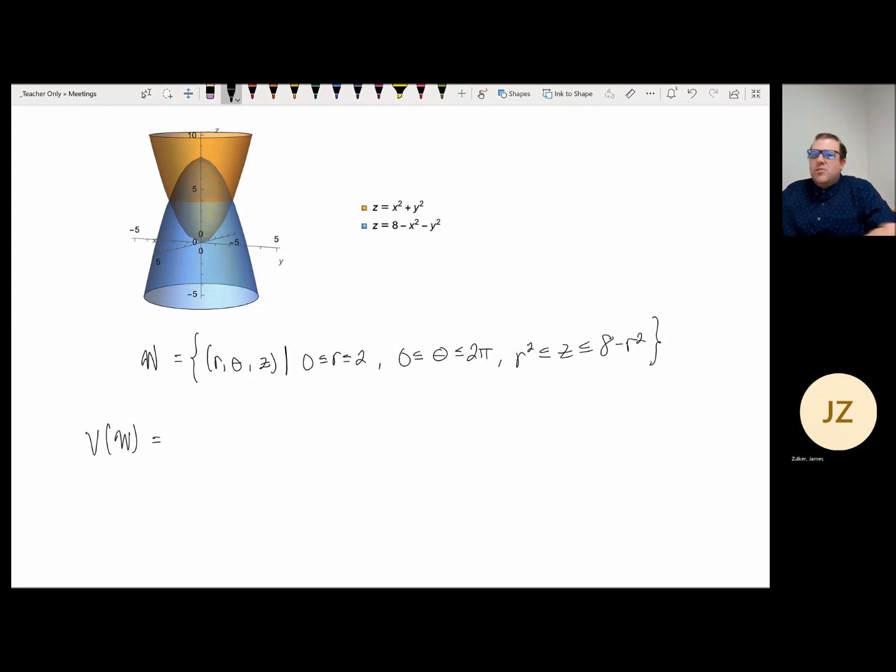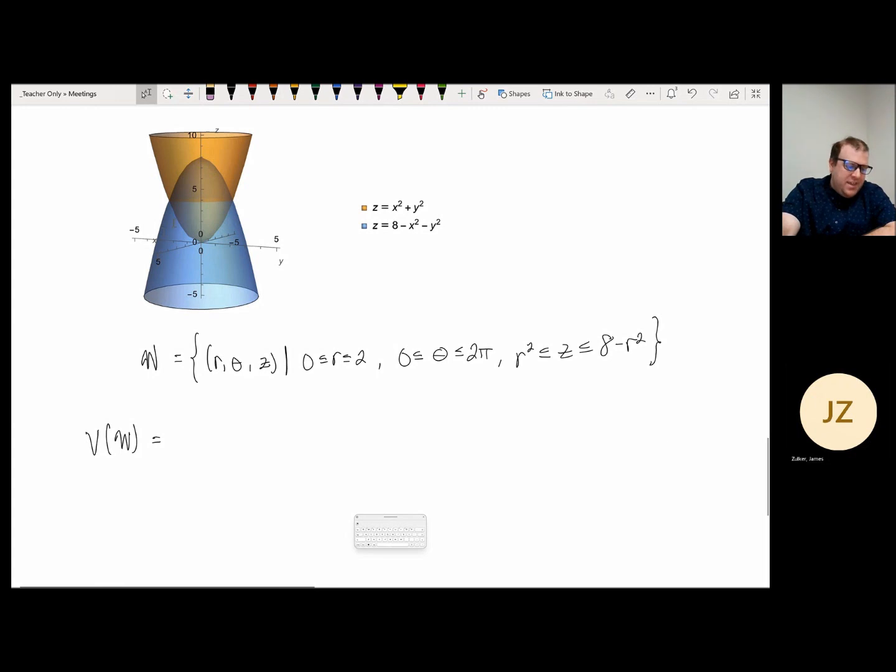So Z is different. Z you want to look at, because we just described D in polar. Z is going to extend from what to what in the region? It goes from the orange up to the blue. Again, because you have to be at any point within there.